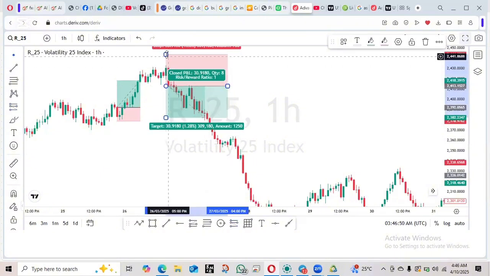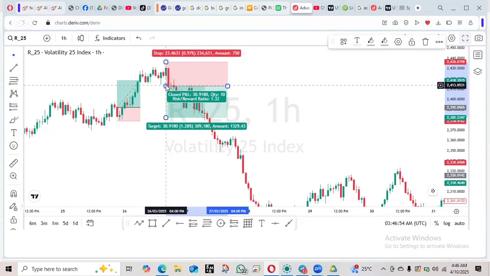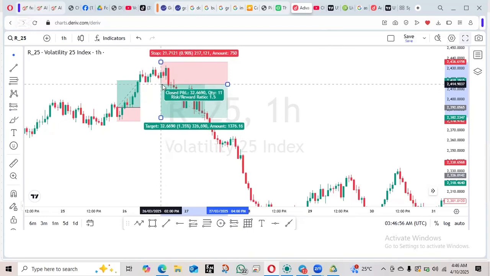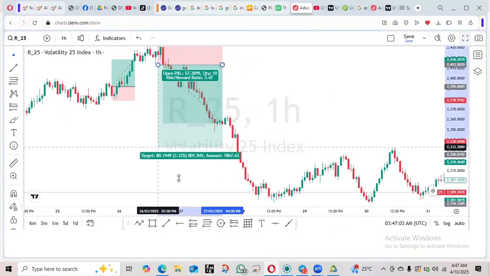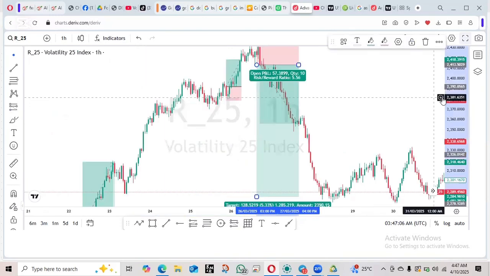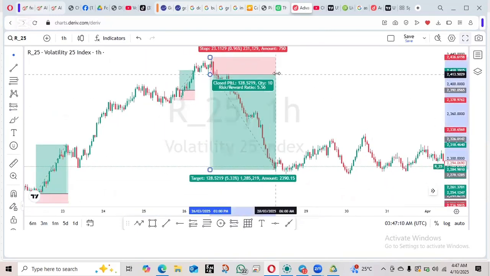The engulfing candlestick pattern is very powerful. The evening star candlestick pattern is very powerful. The pin bar is very powerful. These are the major candle patterns that you need to look out for. Very powerful, they will hardly fail you. If you master how to trade them, you are going to be right most of the time.